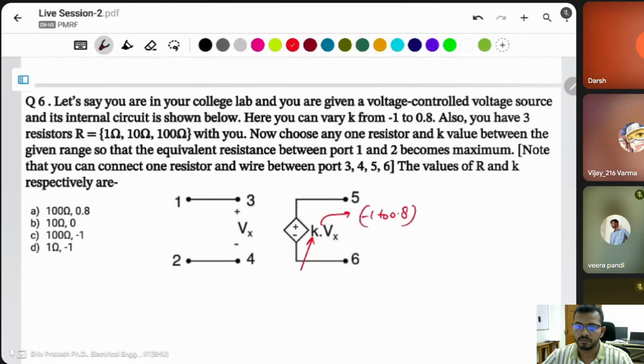We have to connect between any two terminals 3, 4 and 5, 6. One resistor and a wire you connect. It means you simply connect a wire and a resistance through it. Anywhere you can connect the same resistor here also. This will be R. This is the Vx. Then find the value of K and R for the maximum equivalent resistance here.